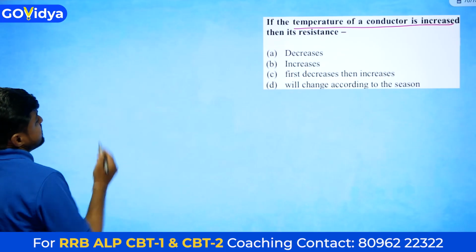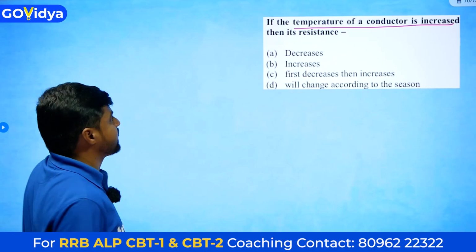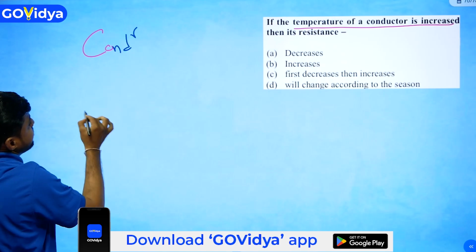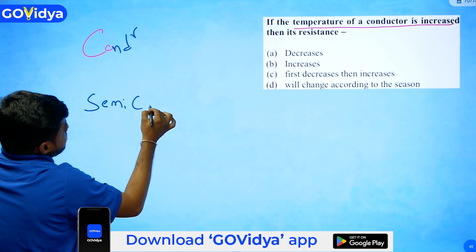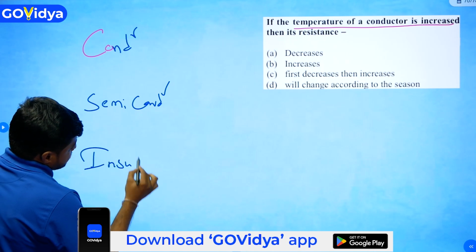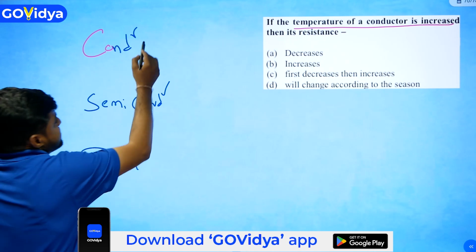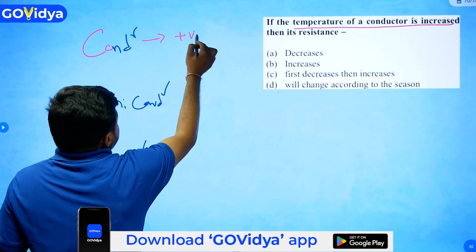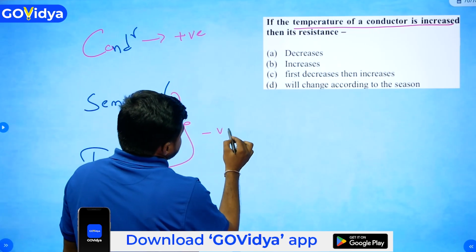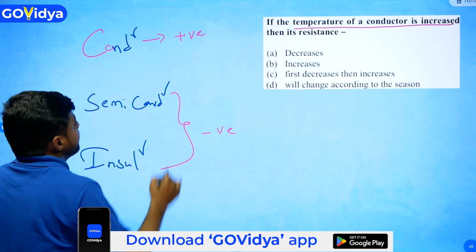We have 3 types of electrical materials: conductor, semiconductor and insulator. Conductors are positive temperature coefficient, semiconductors and insulators are negative temperature coefficient materials.